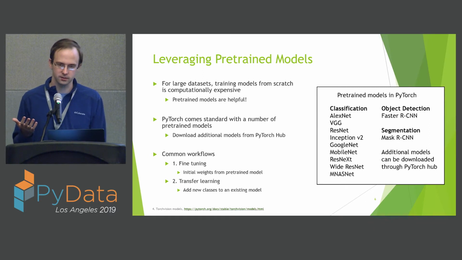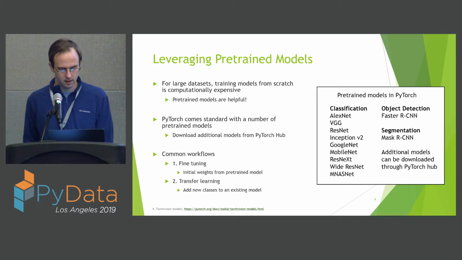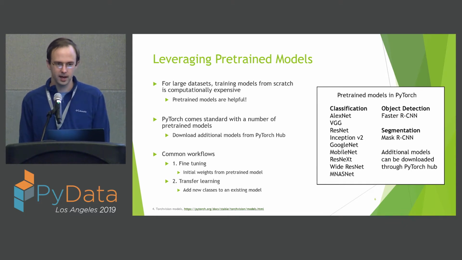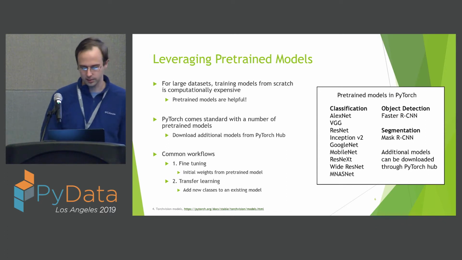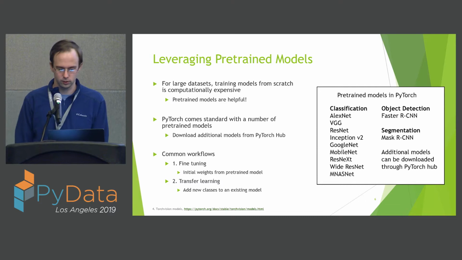So for classification, for example, there are a bunch of pre-trained models on ImageNet. For object detection, models are typically pre-trained on COCO, which is a data set that has 80 different classes. And PyTorch comes standard with a number of pre-trained models. We'll go through this in the notebook section, but it's really easy to call a pre-trained model from PyTorch to detect objects or to classify an image.